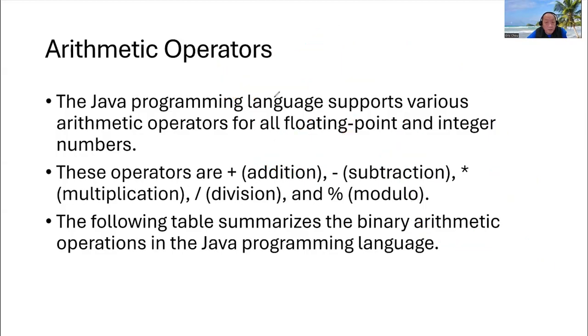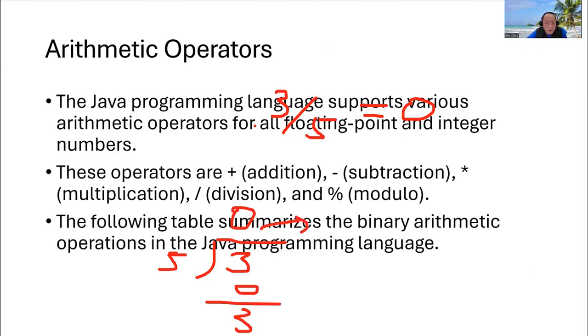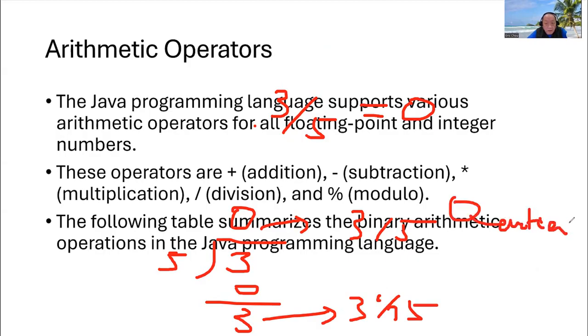So if you have 3 divided by 5, you end up with 0 because it is integer divided by integer. This one is 3 modular 5, which gives the remainder, 3. The division is the quotient, and this one is the remainder part.